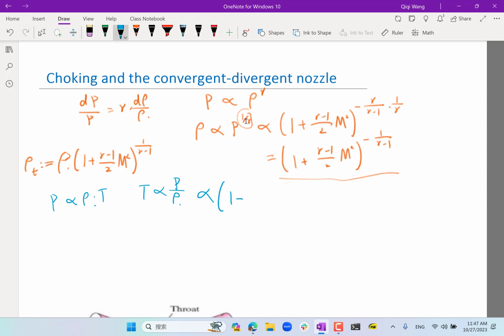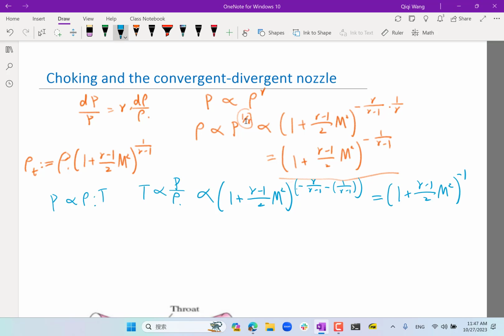So the temperature becomes this thing to the difference between the exponent on the pressure and the exponent on the density, right? So this is from the pressure, this is from the density. And it turns out after this subtraction, it becomes 1. So the temperature is going to be proportional to just 1 plus gamma minus 1 over 2 M squared to the minus 1 power.